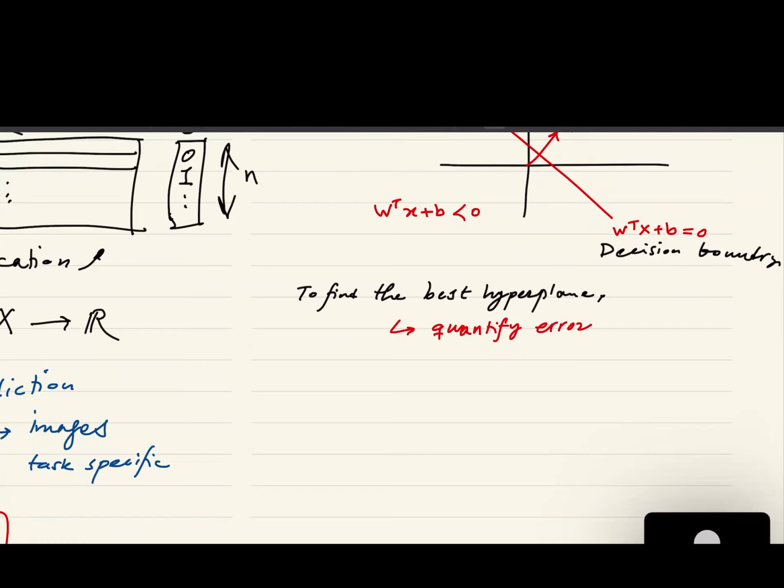One standard choice is the mean squared error. MSE can be written as 1/n, the number of samples, sum over i of (y_i minus the function that we estimated). Here y_i is the real supervision signal, or the desired output, and we use the squared error over all of these samples or examples that we have.